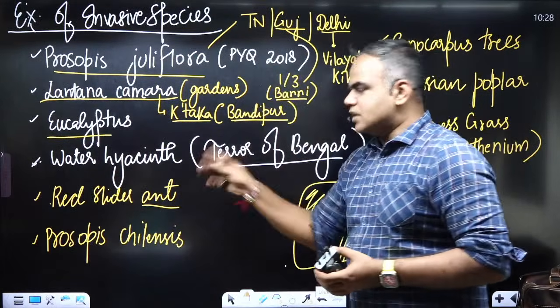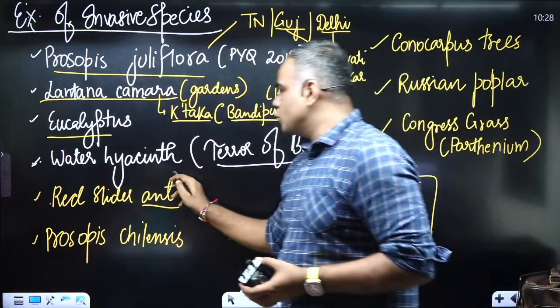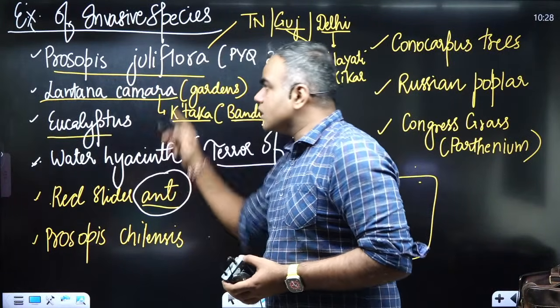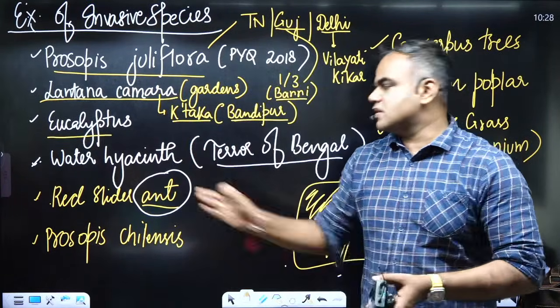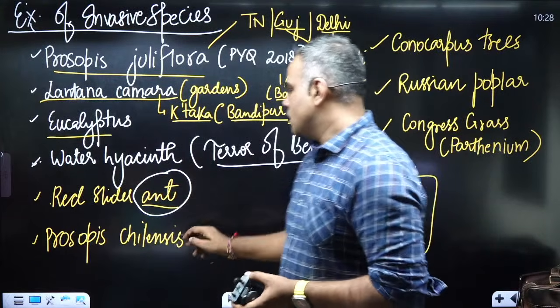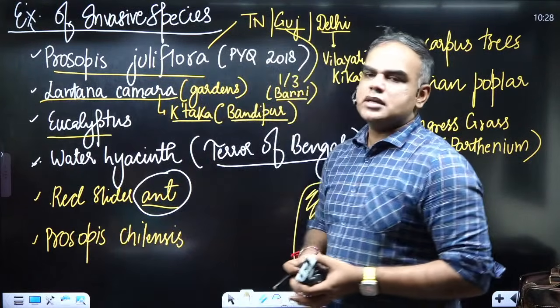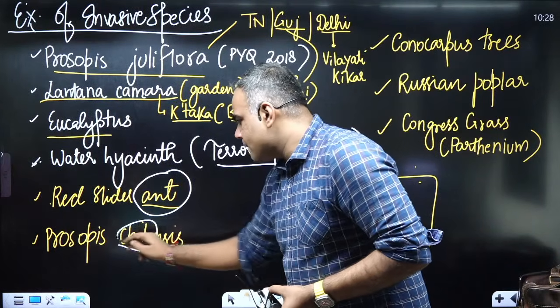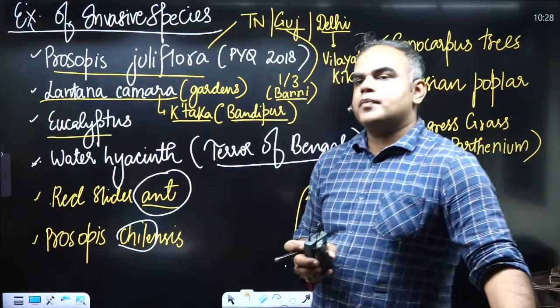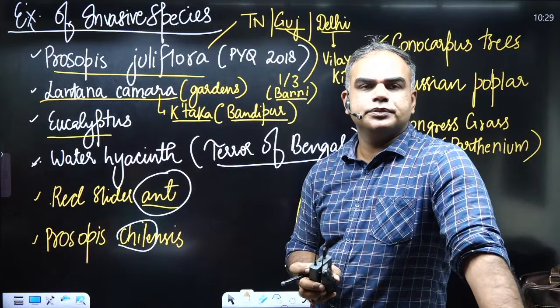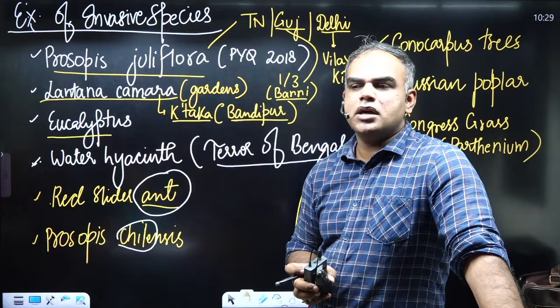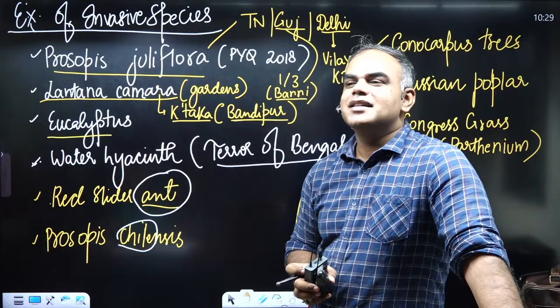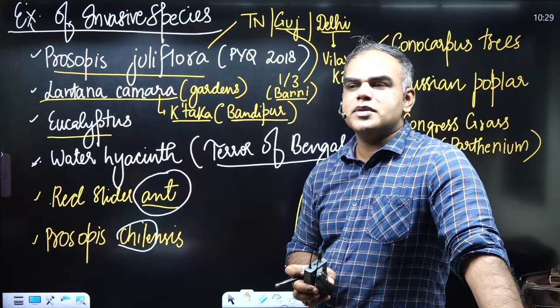Coming back, with the red slider ant, just remember this is for you to know that even an ant can be an example, one of the worst invasive species of the world. Then there is Prosopis chilensis. What is this? Chile. What is Chile? In South America. What is Chile famous for?